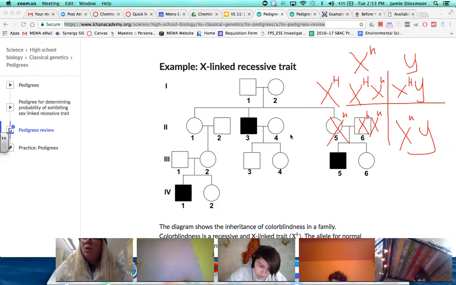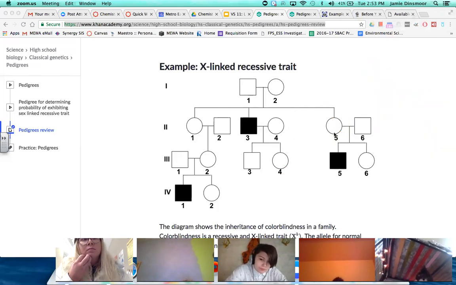Does anyone know when hemophilia, like historically, sort of became a big deal and a big problem? Any ideas? When a Russian royal son had it. You're right, Lane. You want to know why? Inbreeding. Inbreeding brought out hemophilia. Fun times, right?